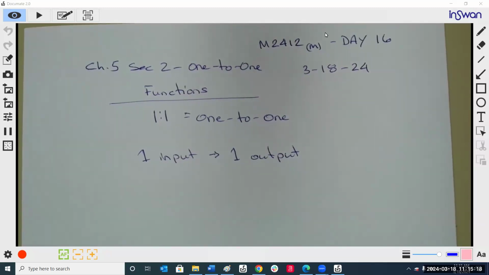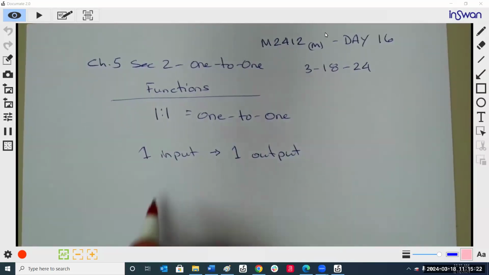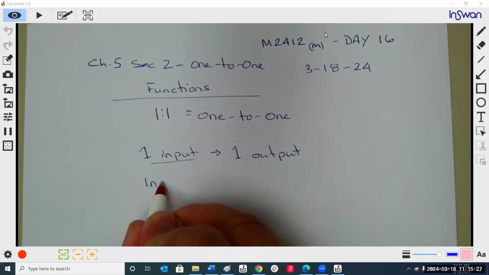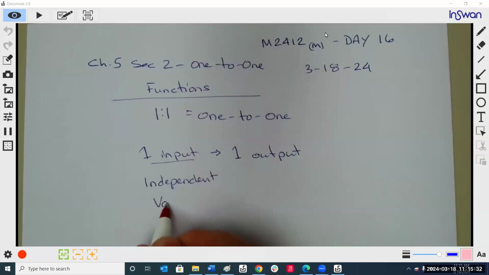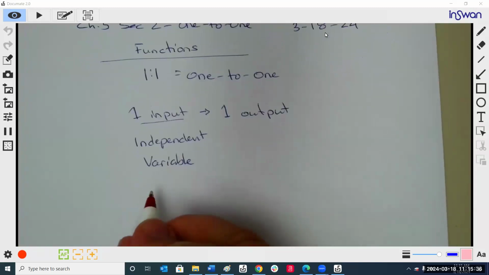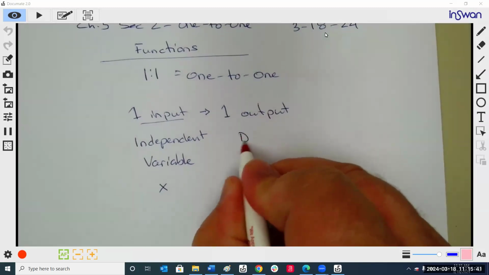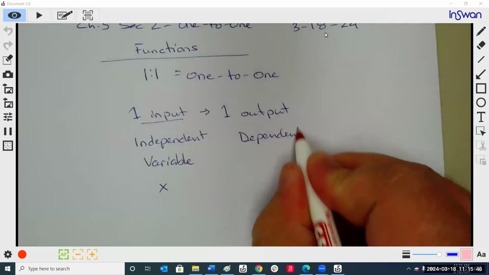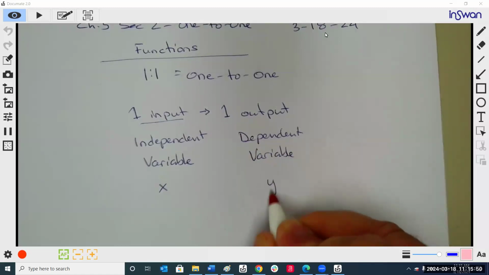Yes, that's pretty much what it means. In terms of a machine, that's what it means. In mathematics, the input is our independent variable, which is our x value. The output is the dependent variable, which is the y.